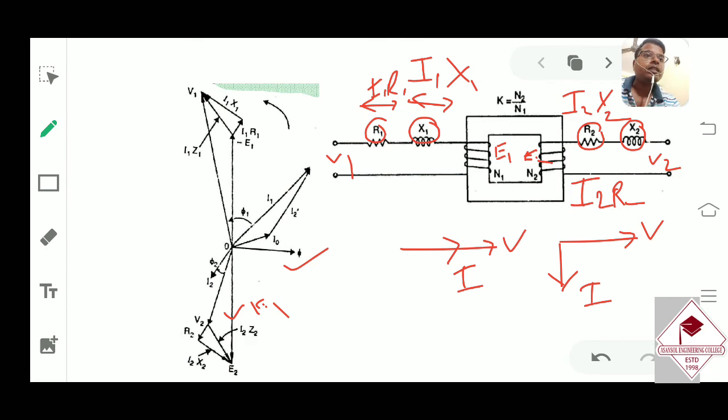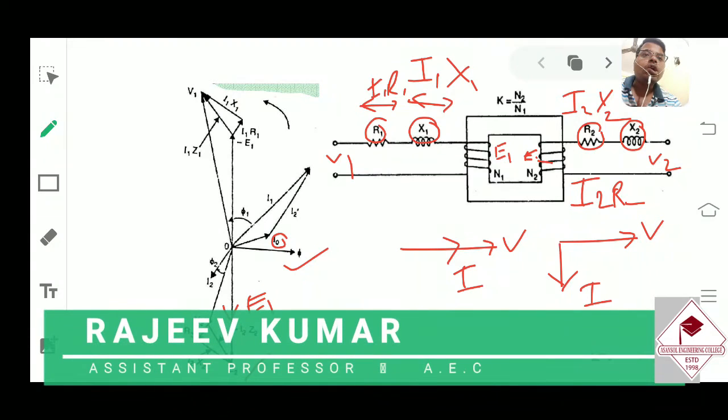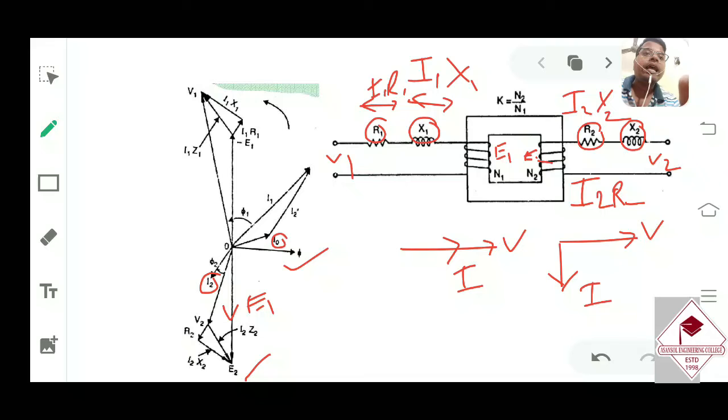As we have already drawn, there is E1, and this you can see is E2. Okay, fine. And then we will draw I0. After that we will draw this I2.